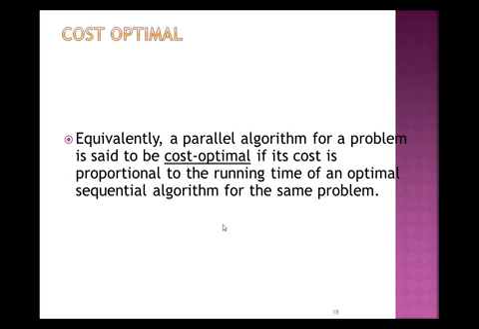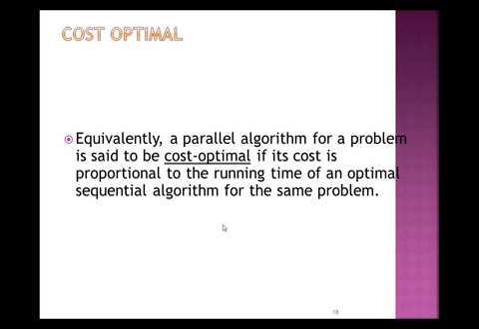Then what is cost optimal? A parallel algorithm for a problem is said to be cost optimal if its cost is proportional to the running time of an optimal sequential algorithm for the same problem. Suppose I take one program as the optimal program, and I calculate the cost of executing it. Suppose it takes 10 nanoseconds. Now I execute another program that takes 12 nanoseconds.